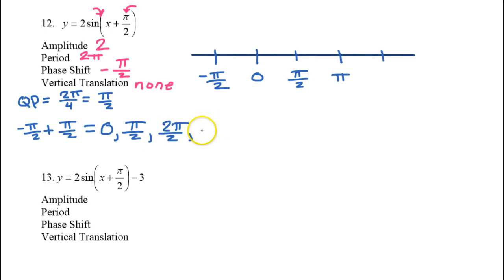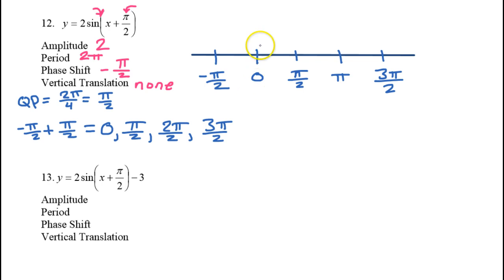If I add another pi over 2, that's going to be 3 pi over 2. So I will have 3 pi over 2 here. So that's half the battle, just labeling the x-axis properly.